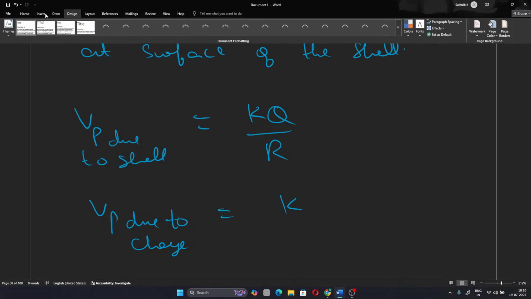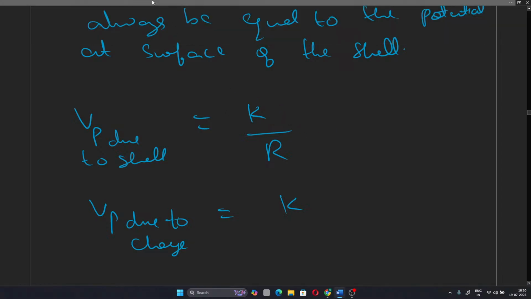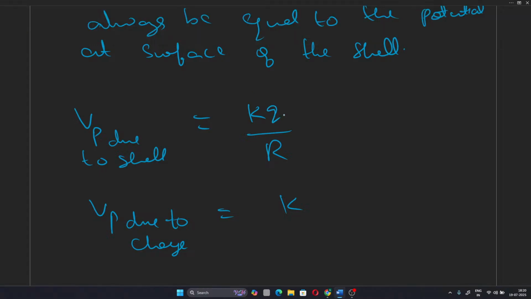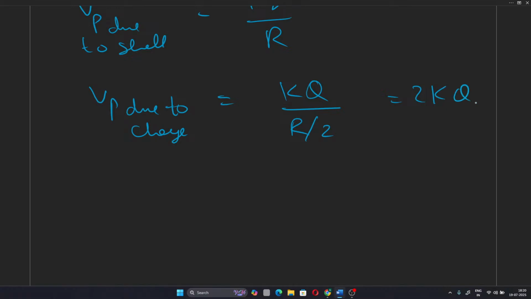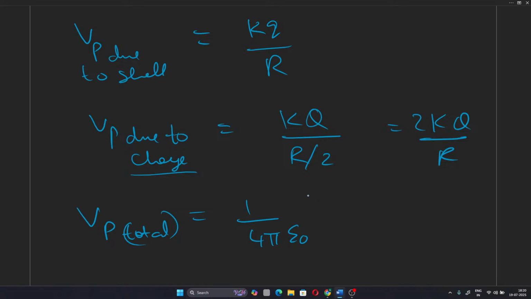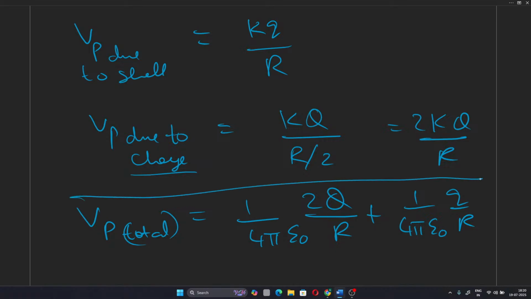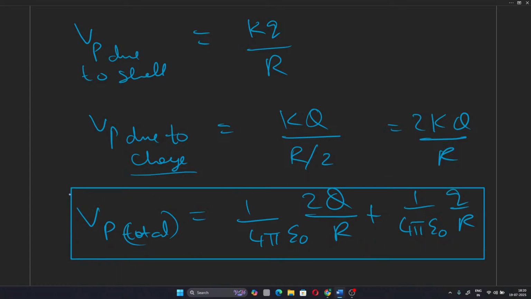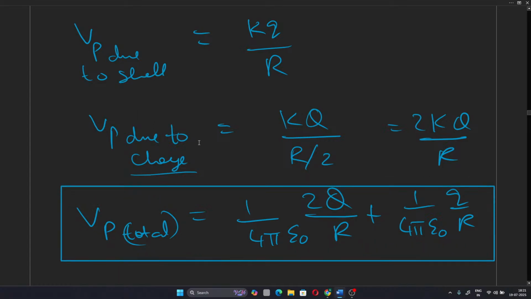Wait, this is not capital Q but small q, because Q is the charge on the shell, and this will be K q by R by 2, which is 2 K q by R. Now adding them up, we will get V at P total equal to 1 by 4 pi epsilon naught, first the point due to charge, which is 2q by R, plus 1 by 4 pi epsilon naught Q by R. This is the final answer.